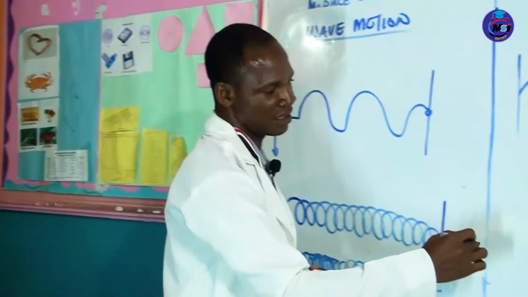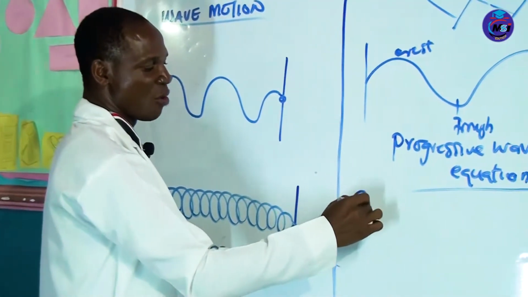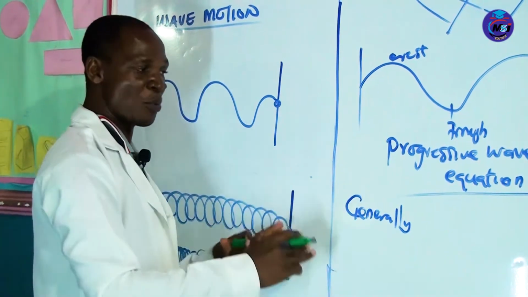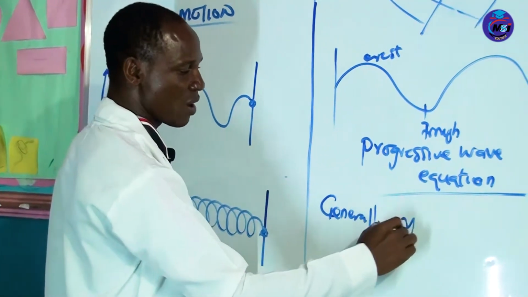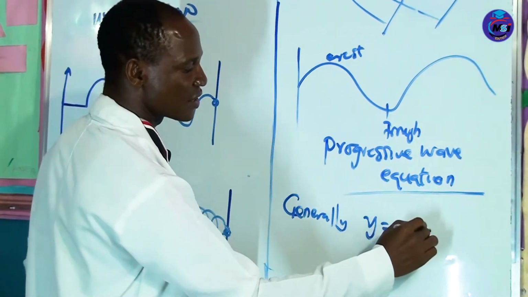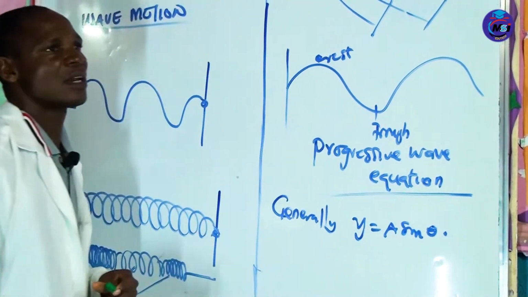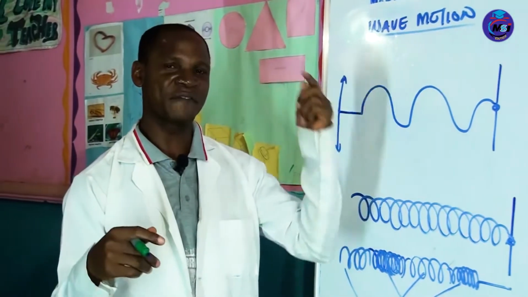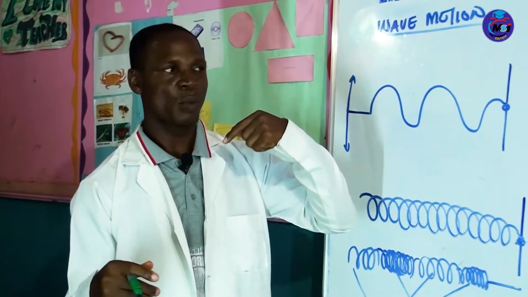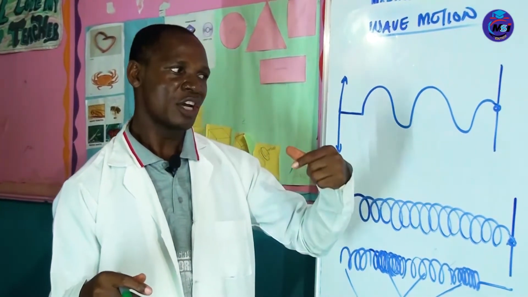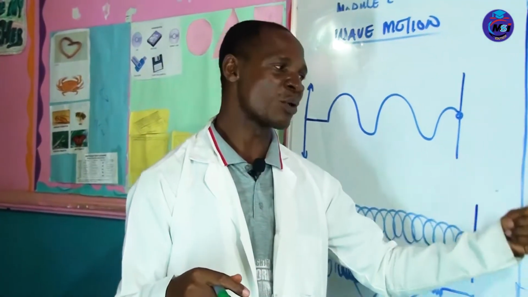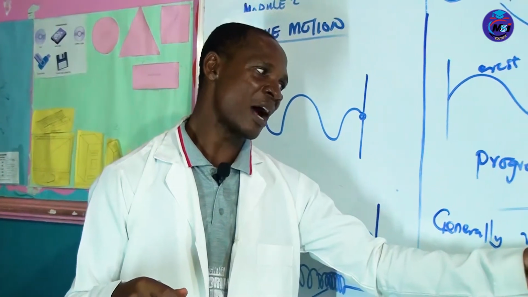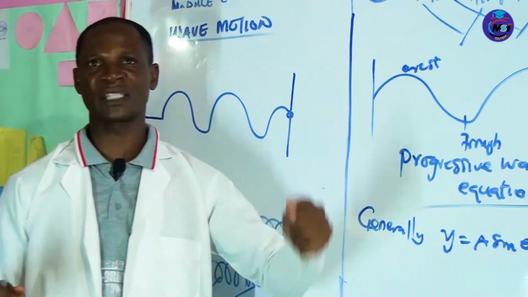But generally, the normal equation for a progressive wave is given as y equal to a sine of theta. If you remember from the first module, we talked about circular motion, where theta is omega t.